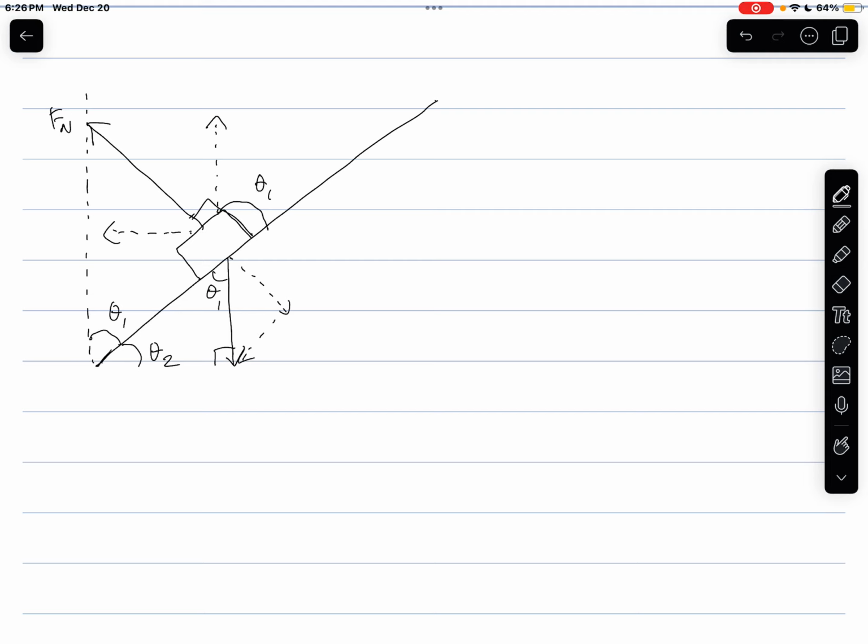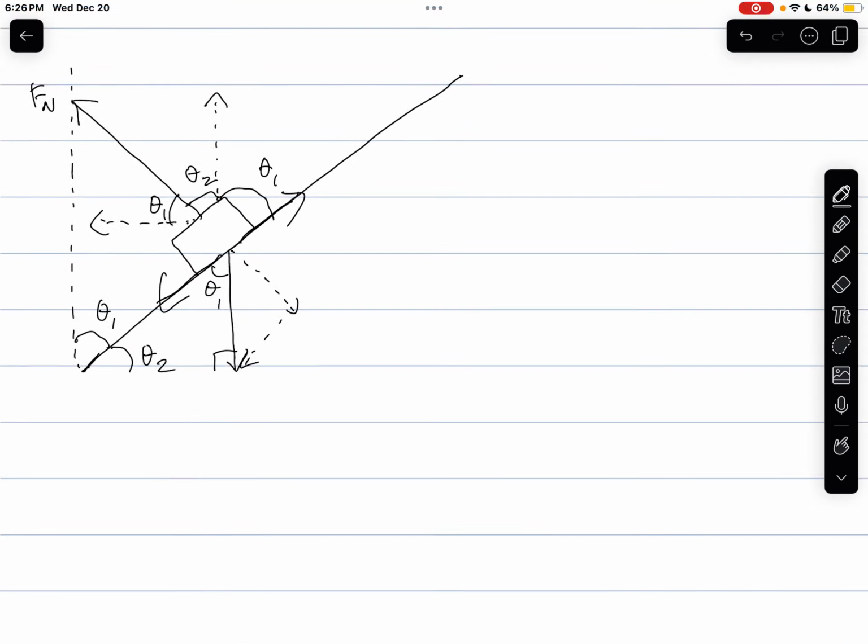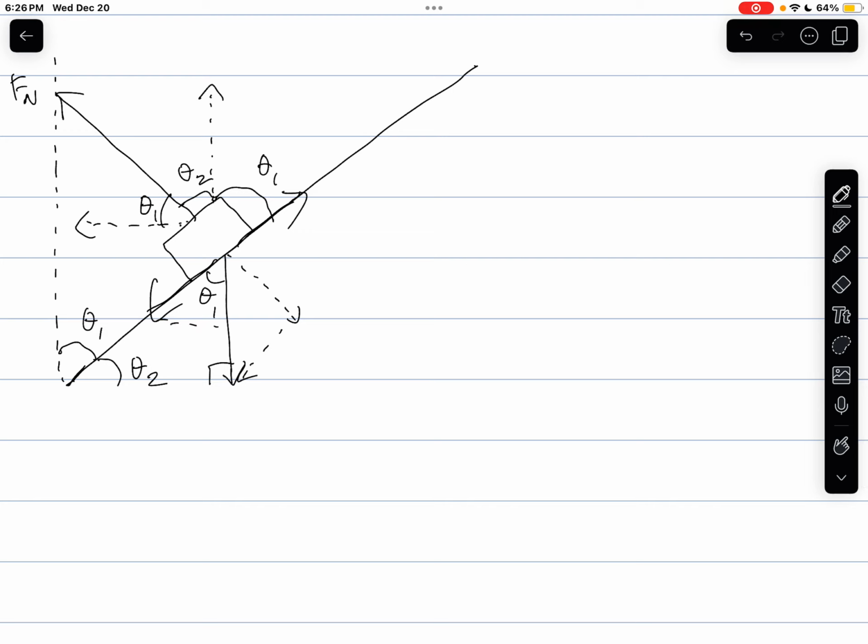And then since there are two angles that make a 90-degree angle, and that's the same here, then this angle has to be theta 2. And same here, since that's theta 2, this has to be theta 1. So that's how I got the angles to find Fnx and Fny, and that's also how I was able to find Fsx and Fsy when it's pointing up and down, because I can use this angle to find Fsx and Fsy.